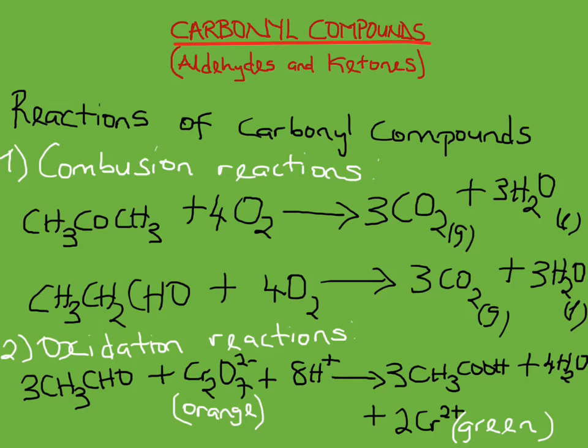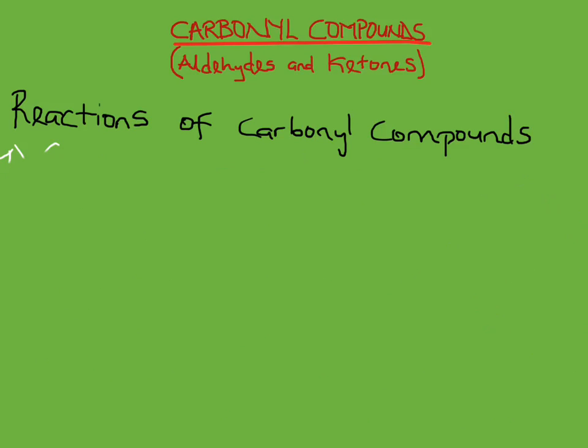Aldehydes when treated with acidified potassium dichromate, and dichromate is an orange color, form carboxylic acid and change the color of the dichromate from orange to green. Ketones are not readily oxidized to carboxylic acids with the same number of carbon atoms.